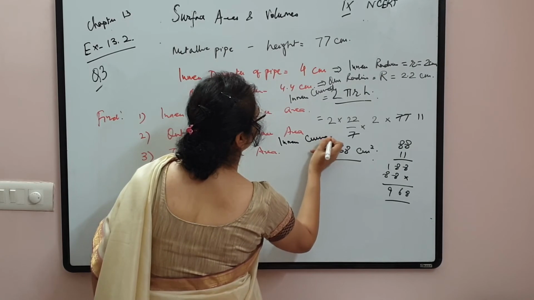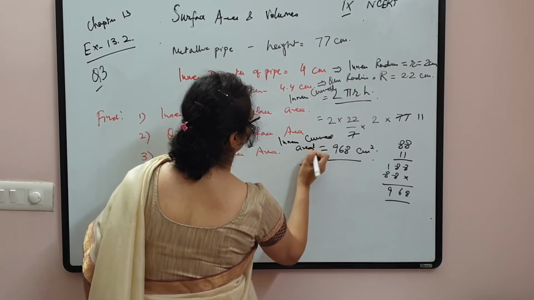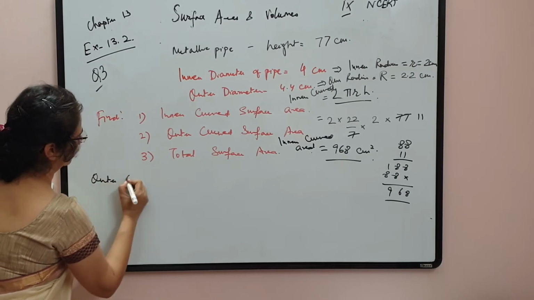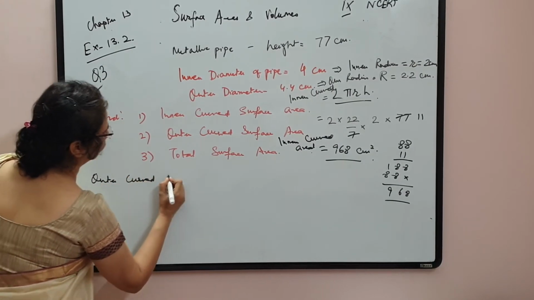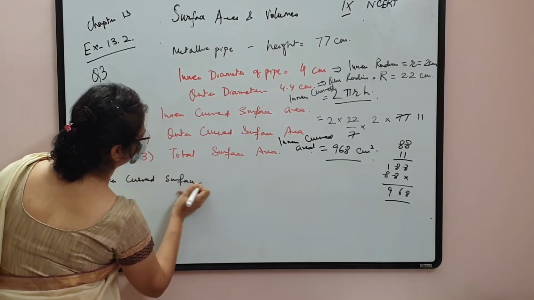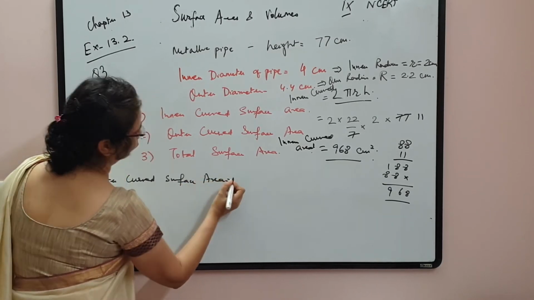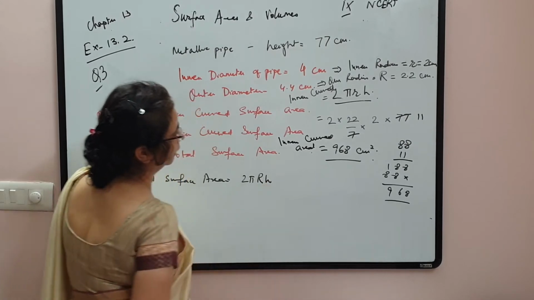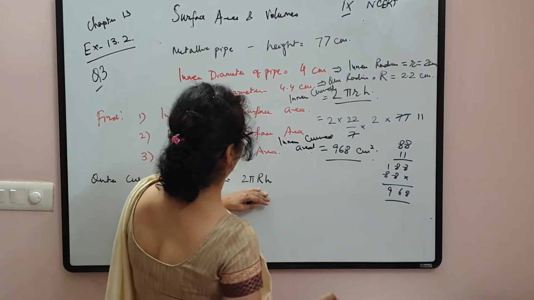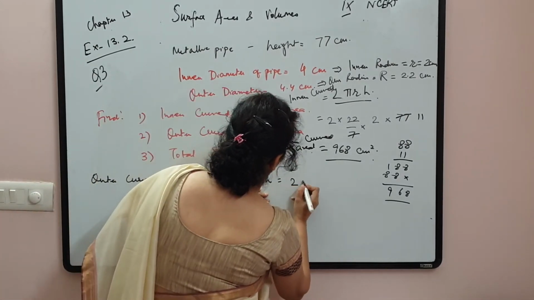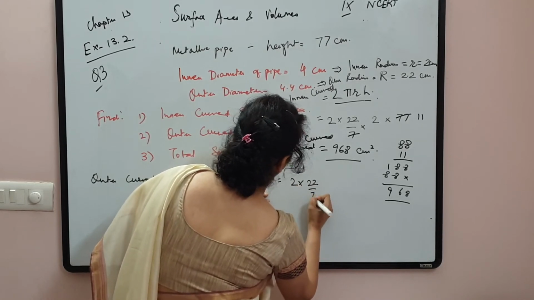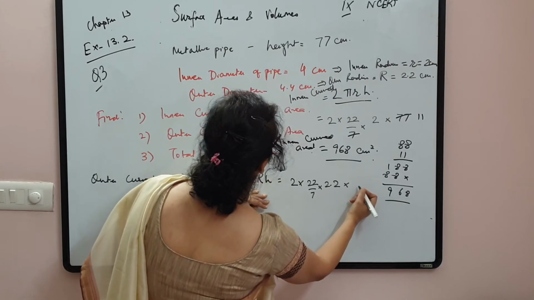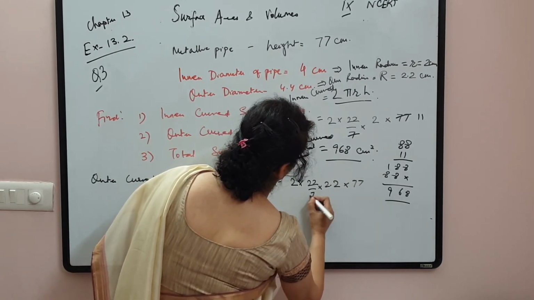Now similarly you have to calculate the outer curved surface area. Again the same formula, children, 2 pi, but here we are taking capital R because this capital R is 2.2 centimeters. So let us substitute 2.2 into h remains the same, children. What is it? 77.